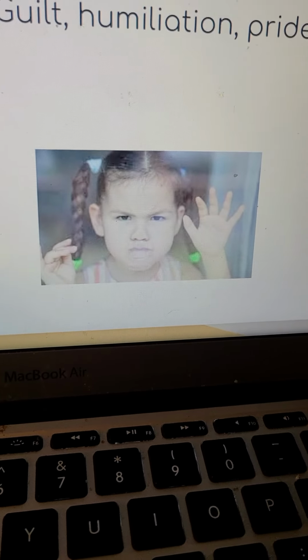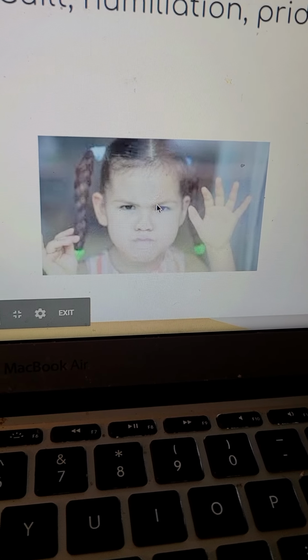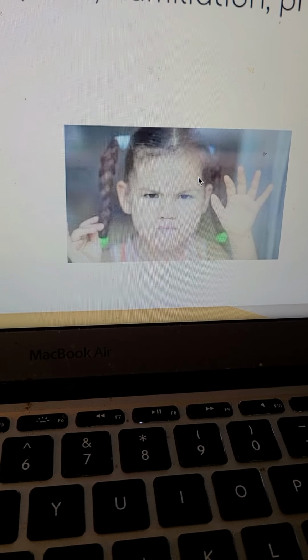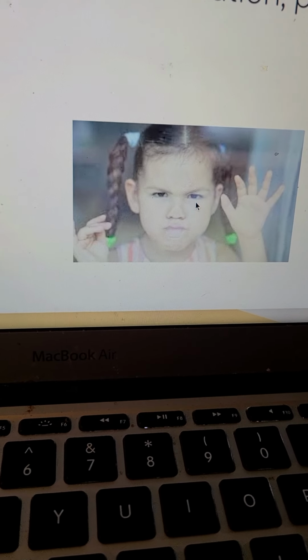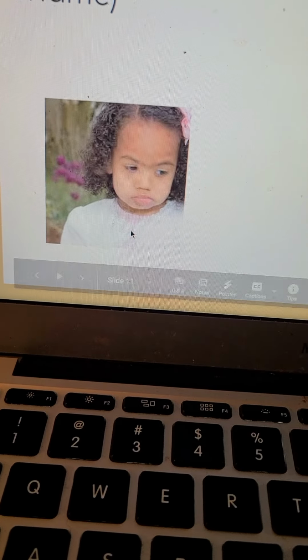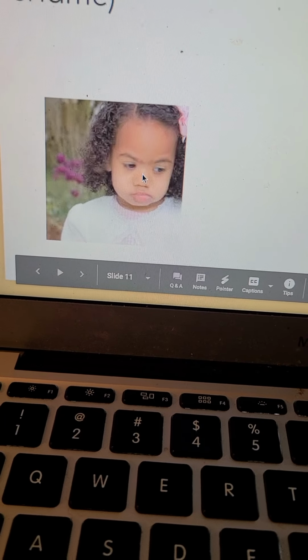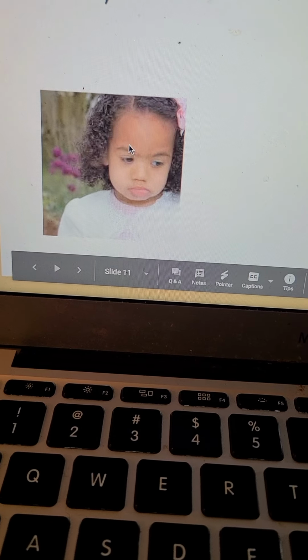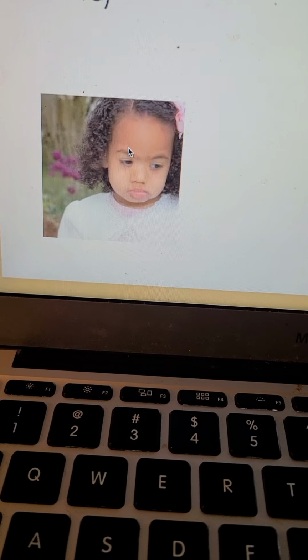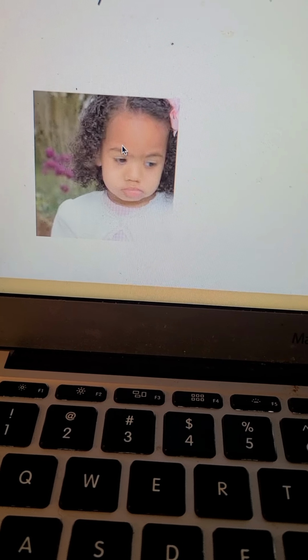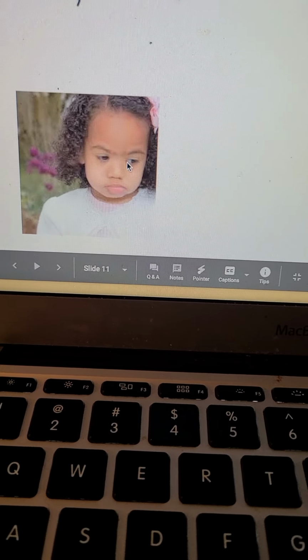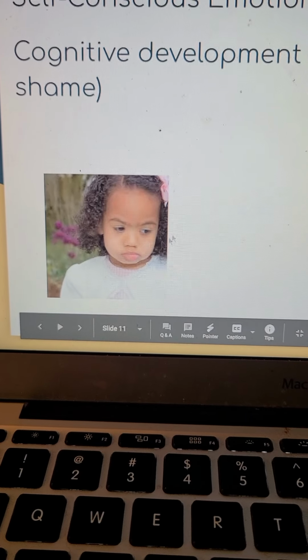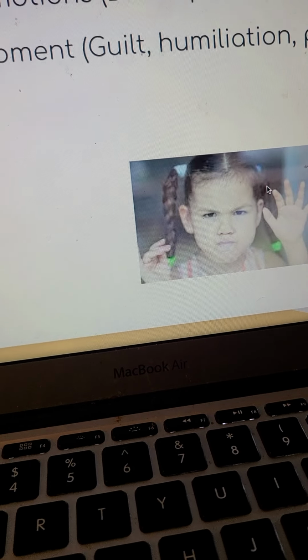Or maybe this child, she's probably about 4 or 5 years old, and she might be angry maybe because she didn't get to go outside. So she's aware of it, so she's showing that. That's how they can remember that. Some older children, toddlers, are self-conscious, so they know they did something and they show that emotion as a result. Again, using the pictures to help them remember.